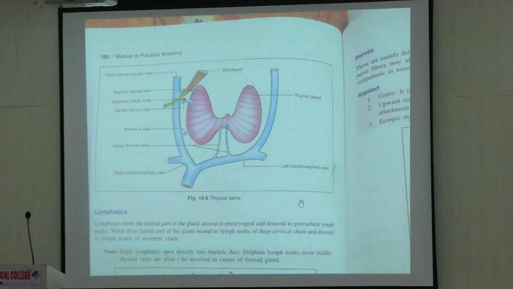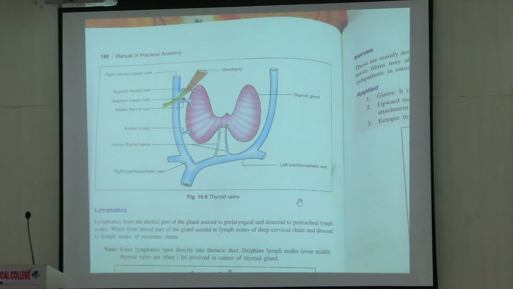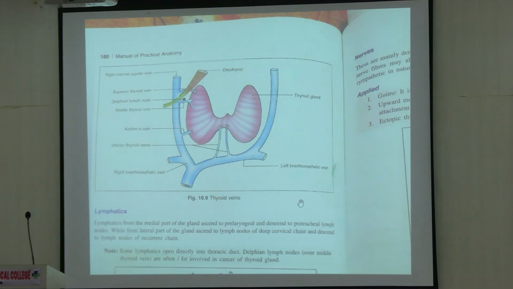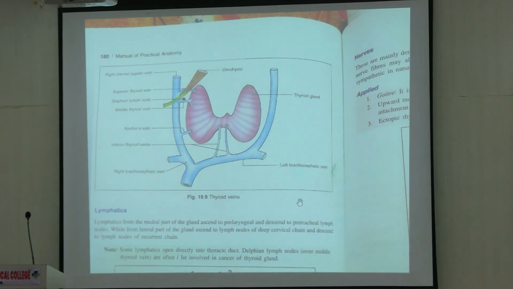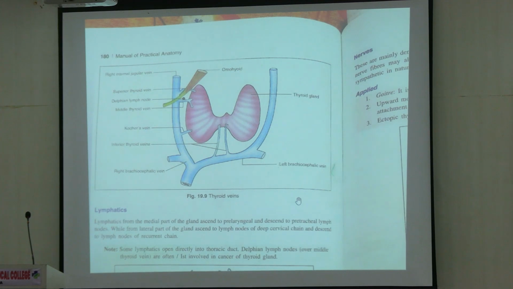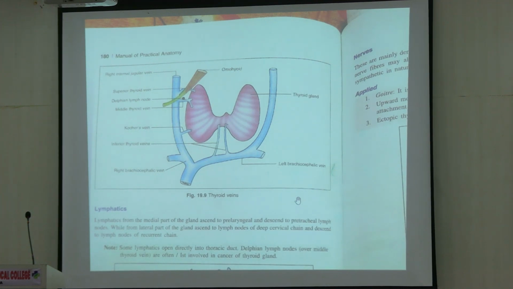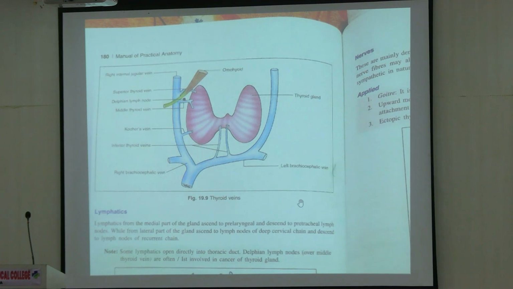The thyroid gland is a very important gland for its malignancy. If cancer develops, the first gland where metastasis may occur is the Delphian node, which lies in relation with the middle thyroid vein.